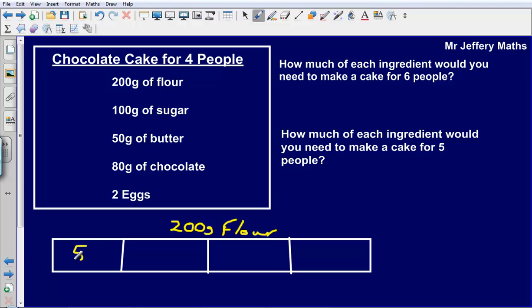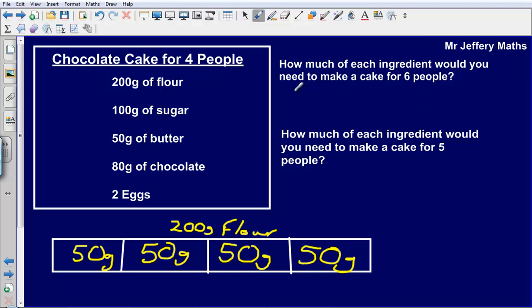So each part of my bar is worth 50 grams each. If it's worth 50 grams each and that's enough for 1 person, I need to make it for 6 people. So I need another 2 lots of 50.